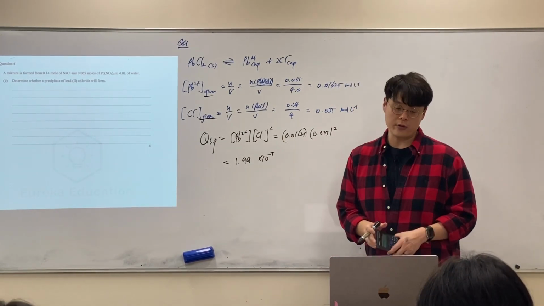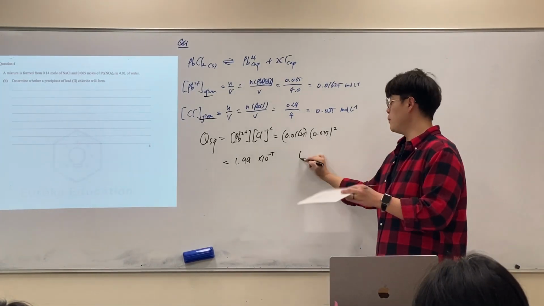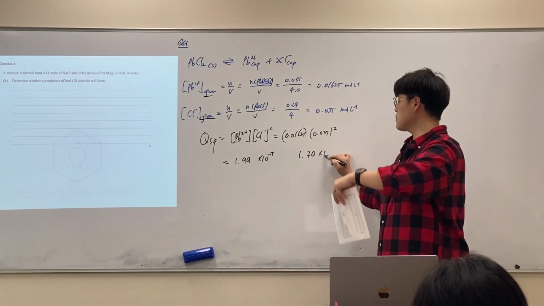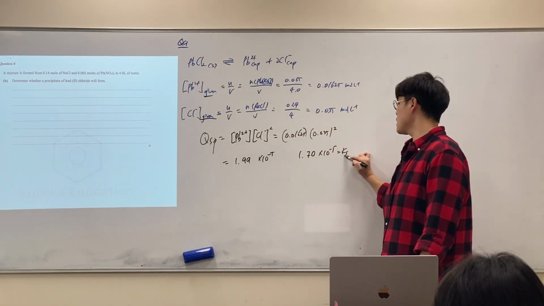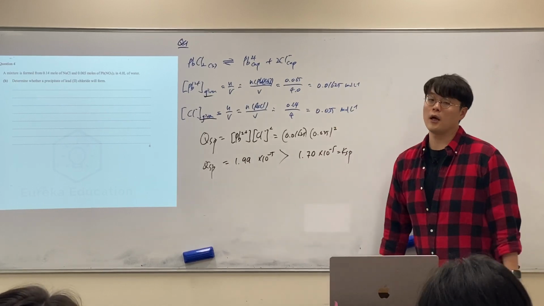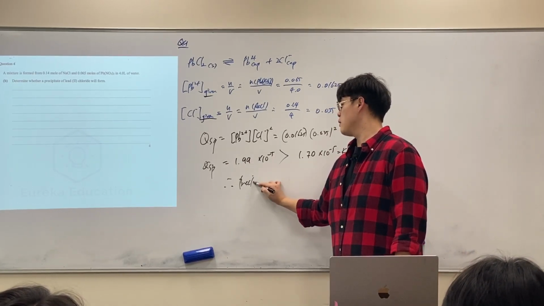That's the Qsp value. Now, what's the Ksp? 1.7 times 10 to the power of minus 5. Which is bigger? That's the Ksp, that's the Qsp. Qsp is bigger. Therefore, yes, a precipitate forms.